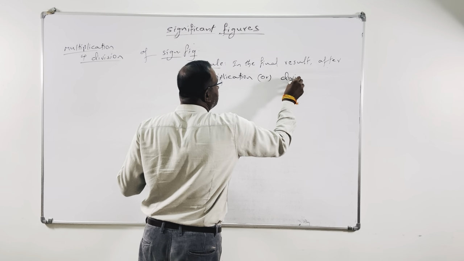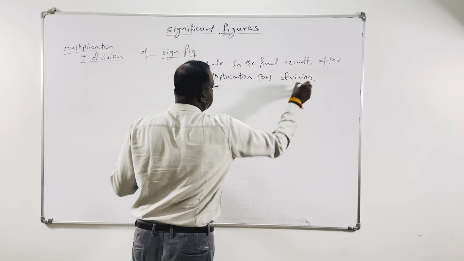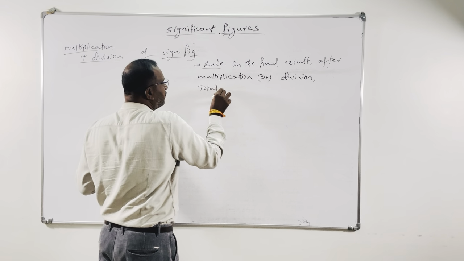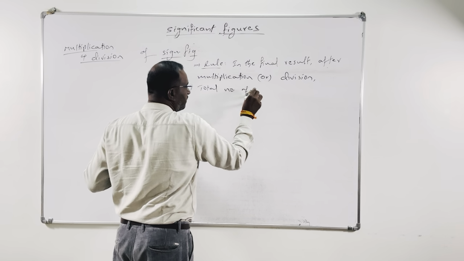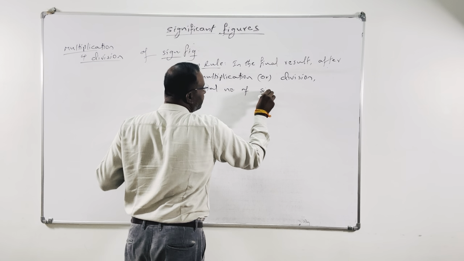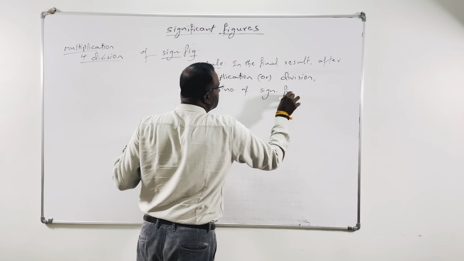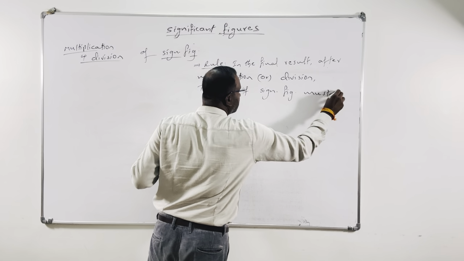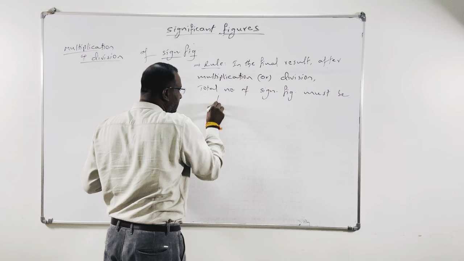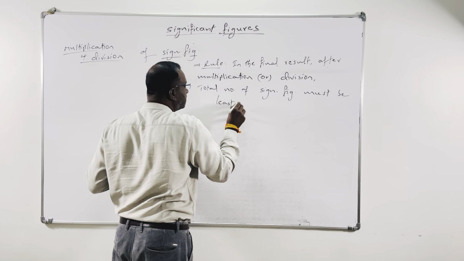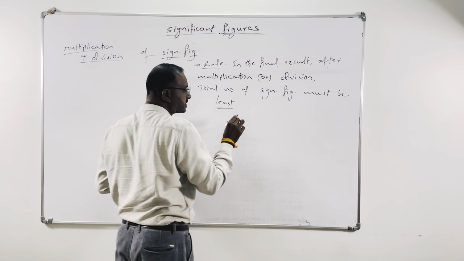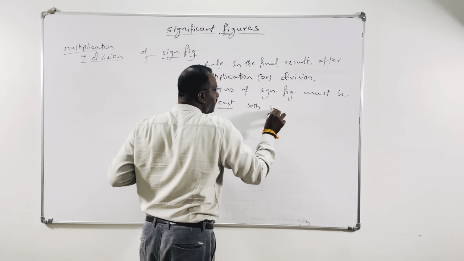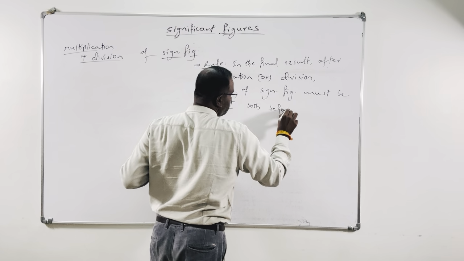After doing division or multiplication, the total number of significant figures must be least in number, both before and after the decimal point.